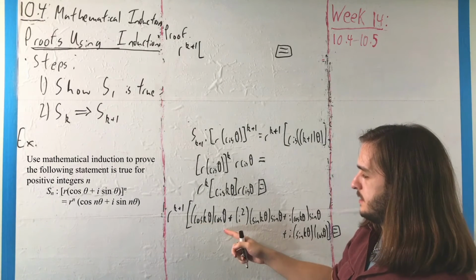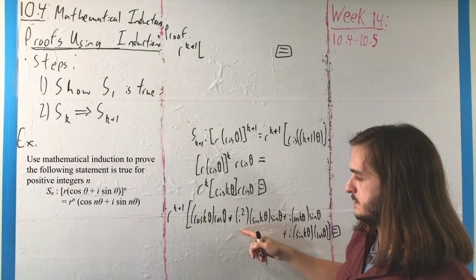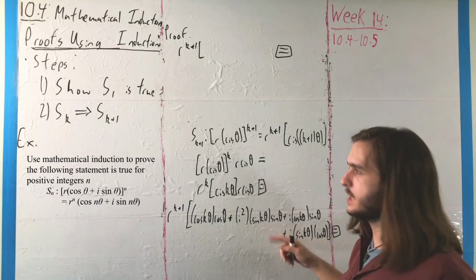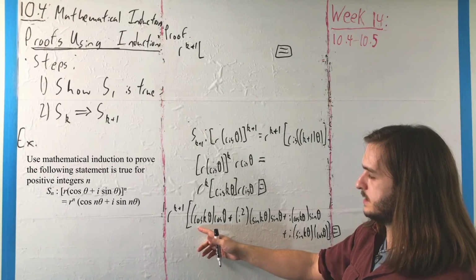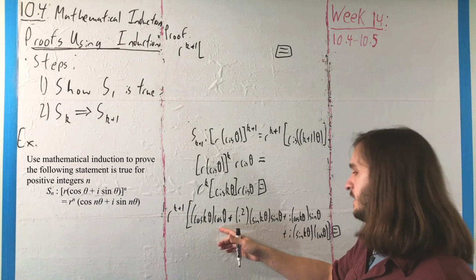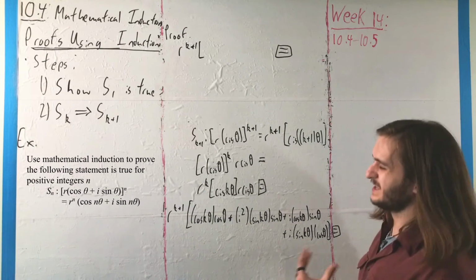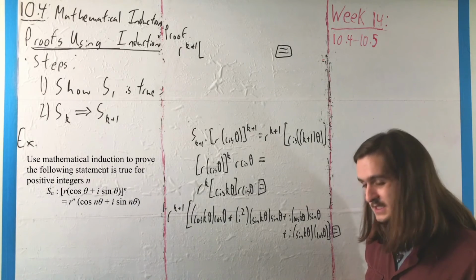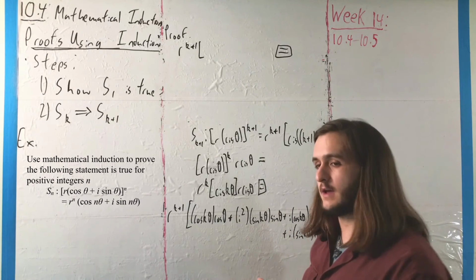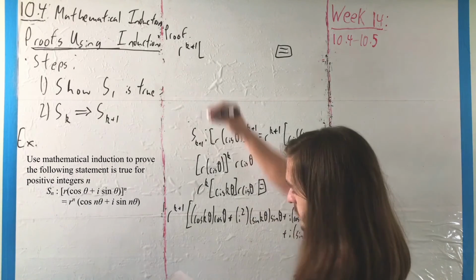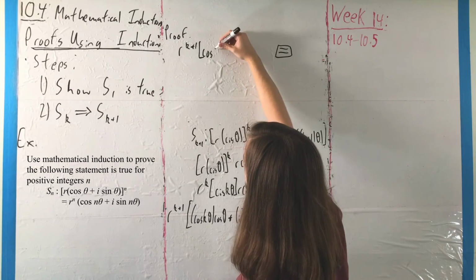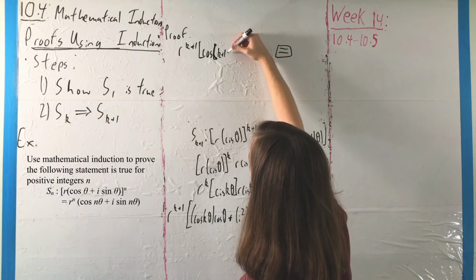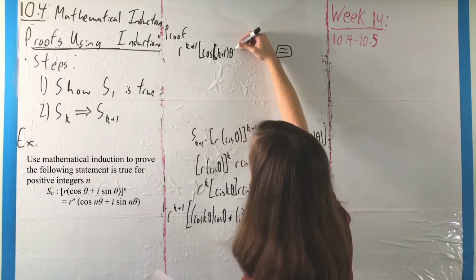We have cosine k theta times cosine theta. i squared is -1, so we're going to have this guy minus sine k sine, where cosine of some angle times cosine of a different angle minus sine of that same first times sine of that second actually simplifies down nicely using the sum of angles formula for cosine, that what we're going to get there is cosine of k plus 1 theta.